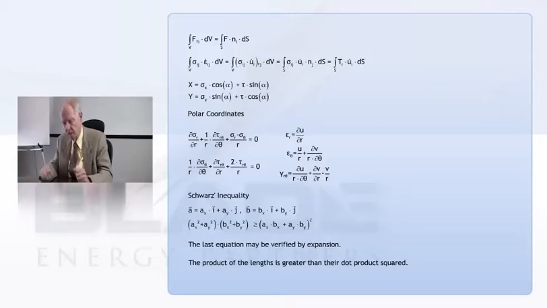And so if I would put dots as I indicated, the left-hand side of that equation is really the work being done by the stress field on the strain rate field over the body.